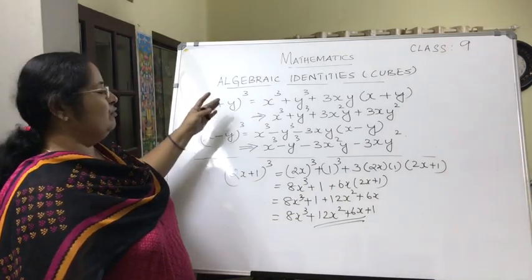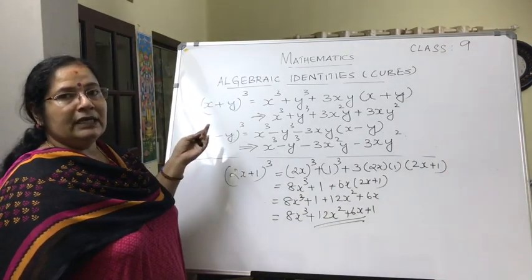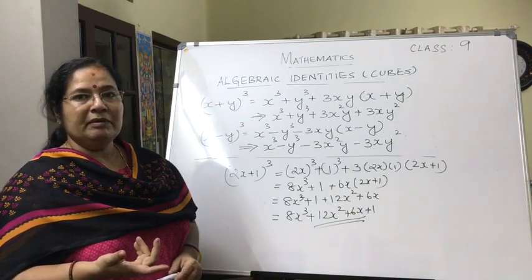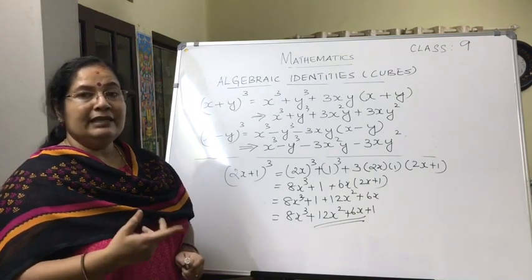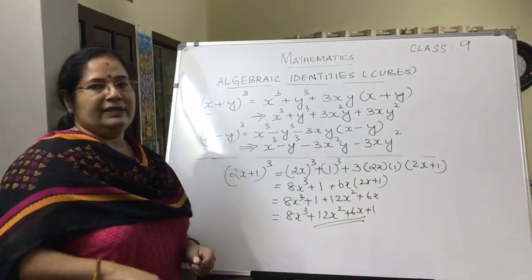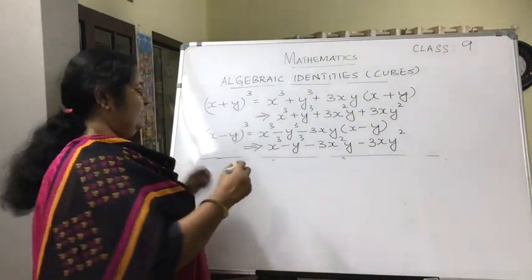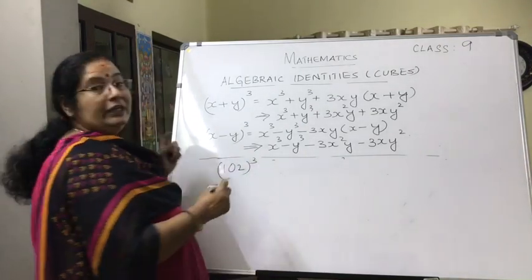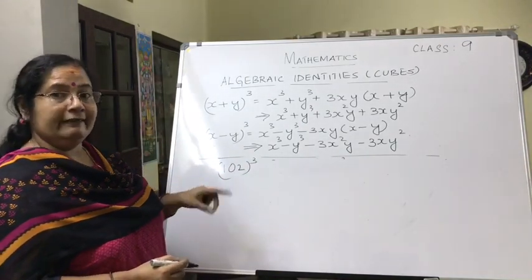So have you understood how to expand using the given identity for cubes? Now sometimes you may get a question for evaluating. We have done this for squares, you remember evaluating using the identity. We'll do one such example. Suppose you are given a question like this, 102 the whole cube. Evaluate means finding the value.